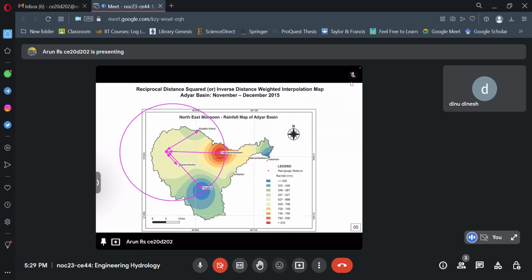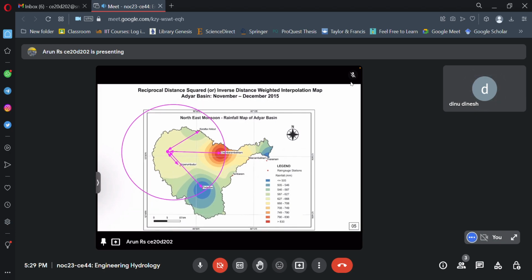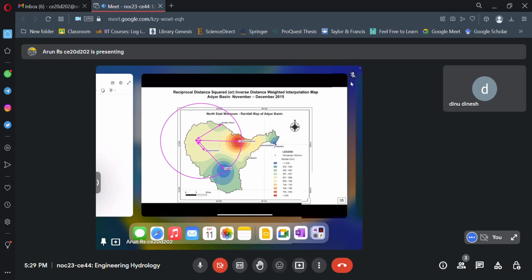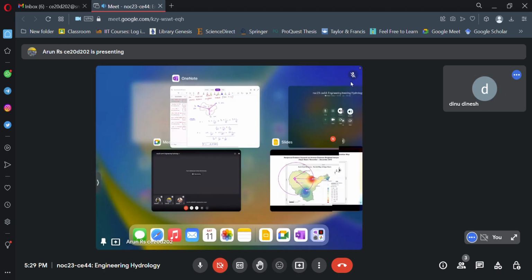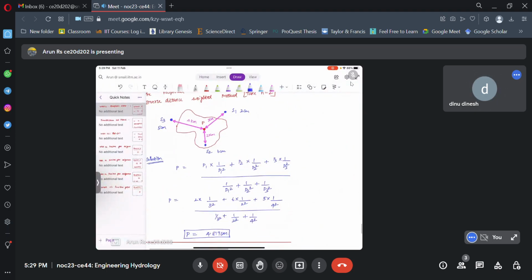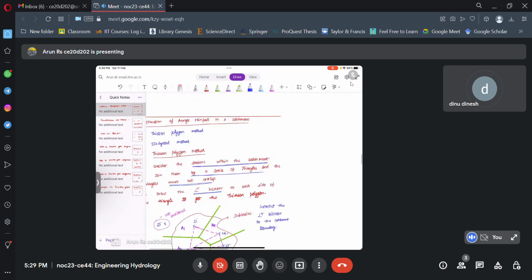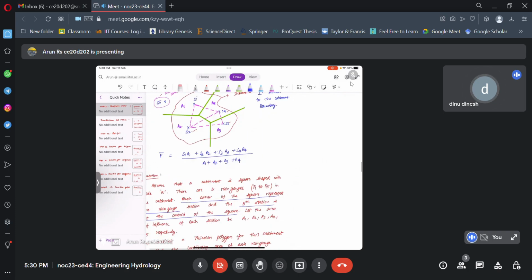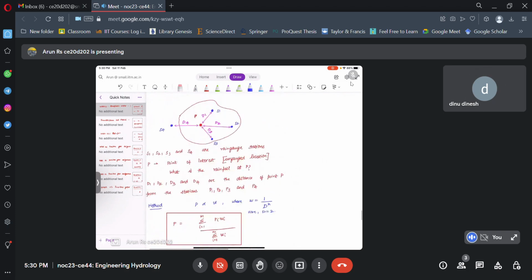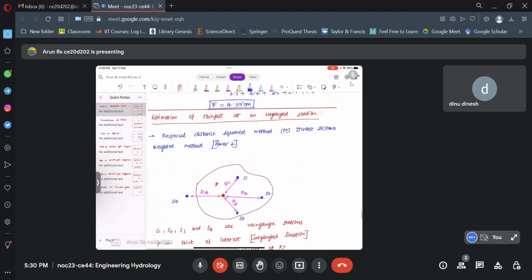This has been computed using the inverse distance weight tool in QGIS, a GIS software. So I have solved some of the problems related to this week's content, and I have also solved an example problem on the reciprocal distance method which was taught.